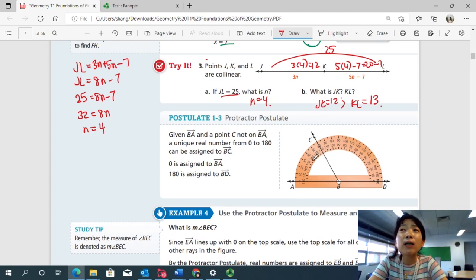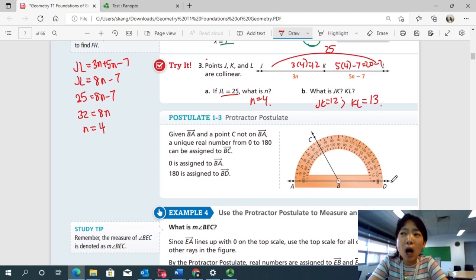If we have two rays that are not on the same line, that are not opposite rays, then they make an angle that has a unique real number from 0 to 180. So 0 is assigned to BA, and 180 is assigned to BD, which is the opposite ray of BA.